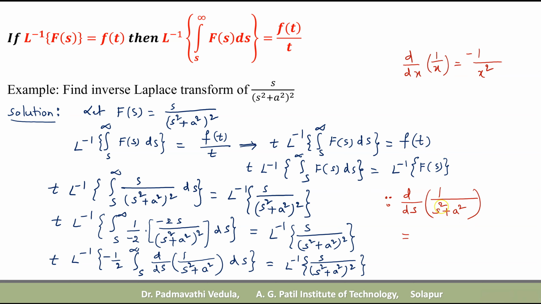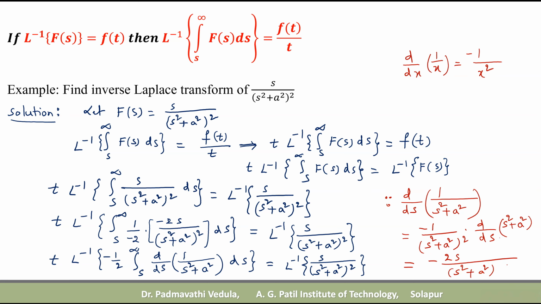Here the power is not 1, that's why after applying this formula, we have to differentiate the denominator again. That means minus 1 by (s square plus a square) whole square into the derivative of s square plus a square. The derivative of s square is 2s, the derivative of a square is 0. That's why we get minus 2s by (s square plus a square) whole square.